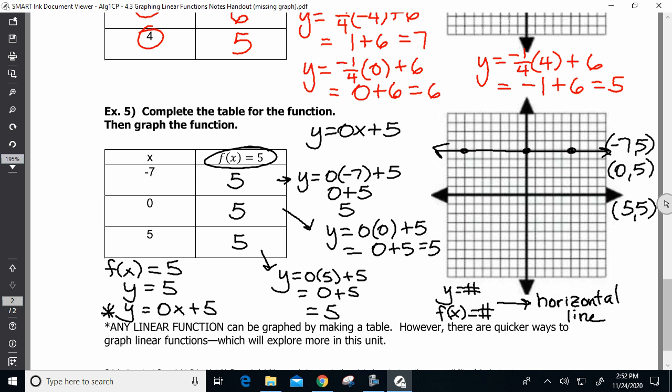There are definitely much easier ways to draw horizontal lines than what we just did, and those will be taught as we explore more in this unit.